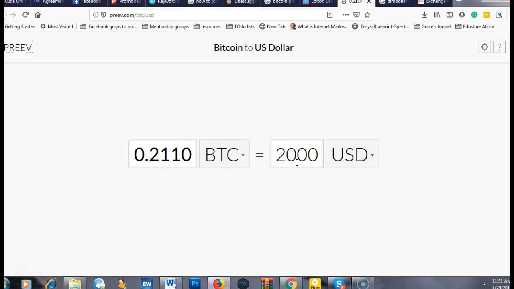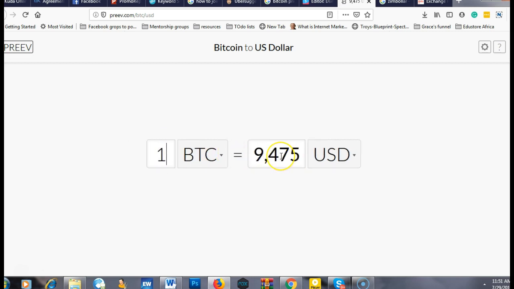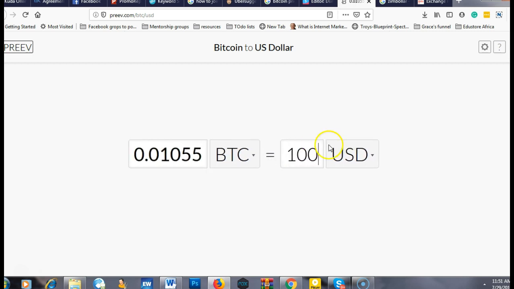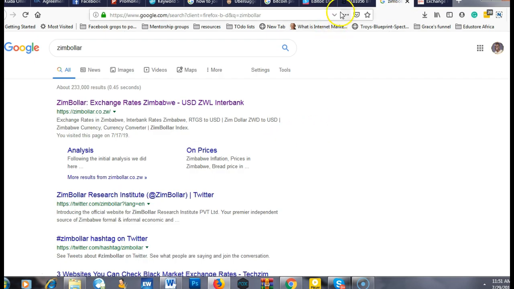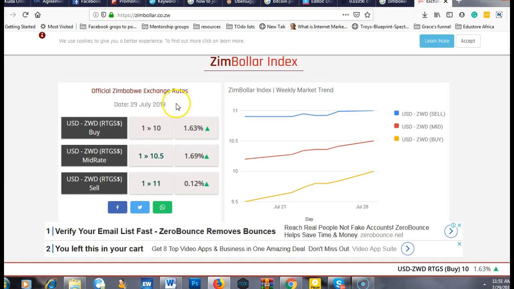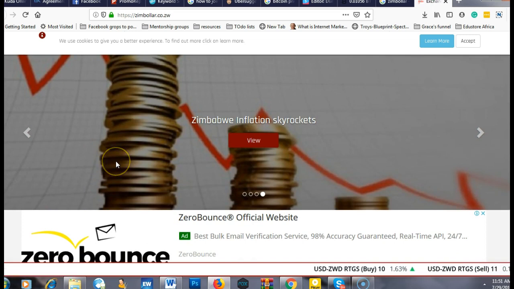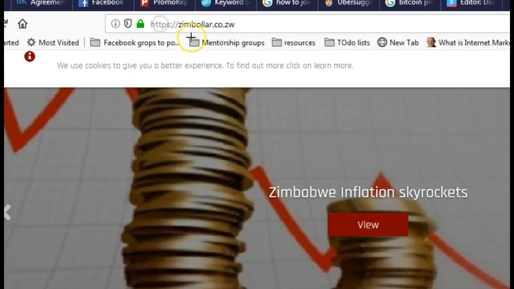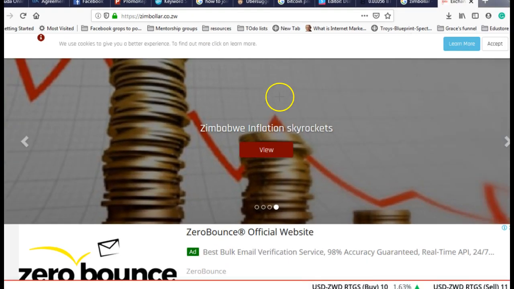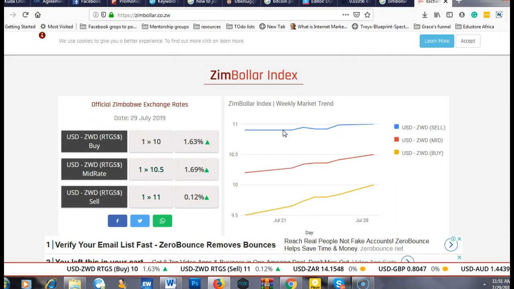The next thing you do is, when you have the price for Bitcoin, which is 9,475 now, you say $100. Now you need to find out how much is $100 in EcoCash or bank transfer. The second website that I go to is called Zimbola, that's zimbola.co.zw, where you can find the rates on the exchange.